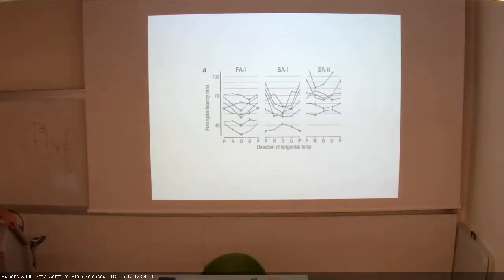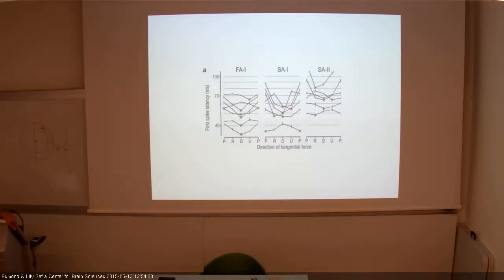So what you see here is a quantification of that. Different directions, and here you see different recording areas. And here you see the latency to the first spike. How much time did it take until the first spike occurred on this fiber?